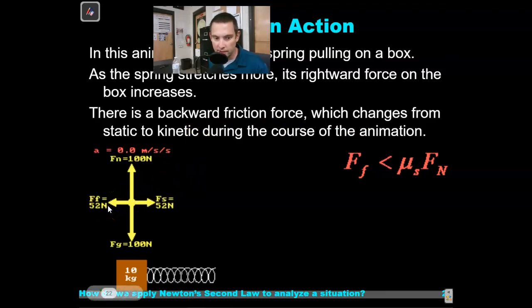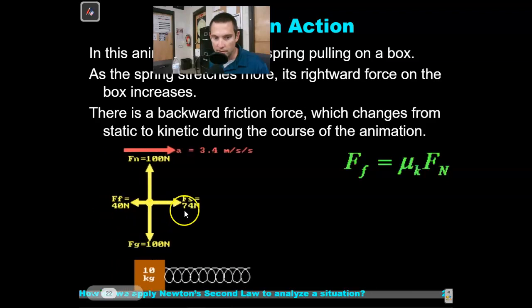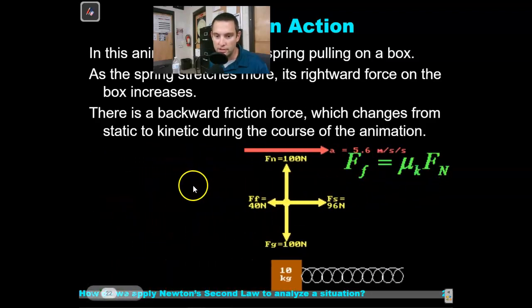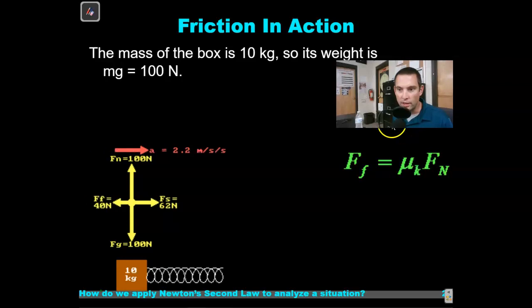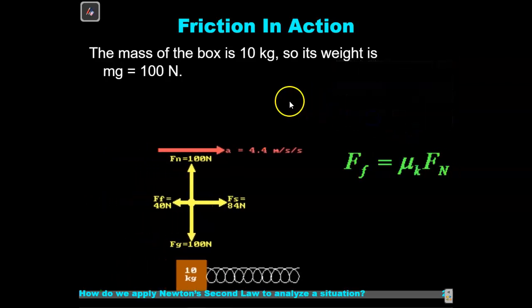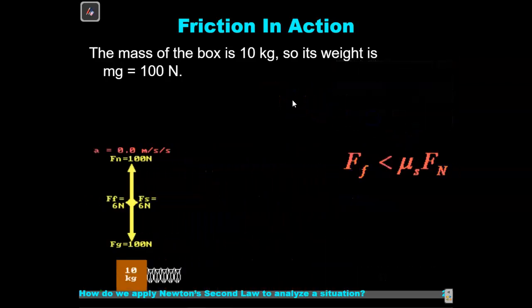Once it hits a certain number, then it switches down to 40 newtons. The mass of the box is 10 kilograms, so its weight is 100 newtons.